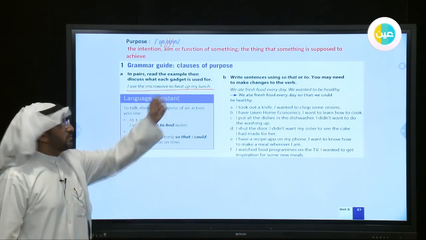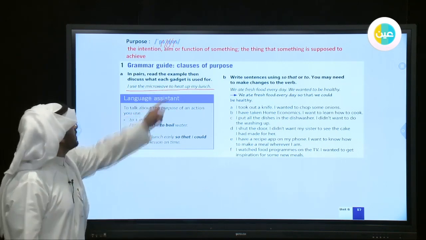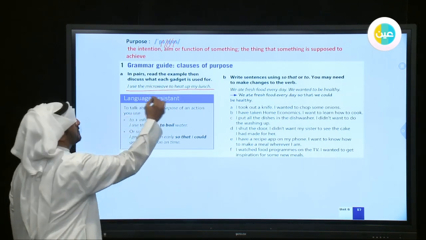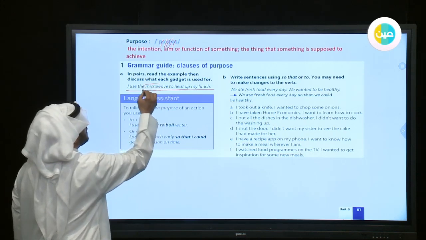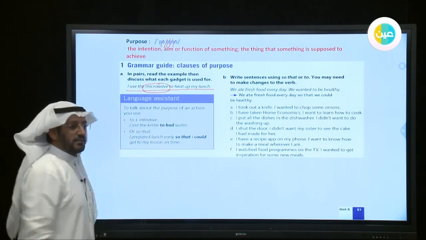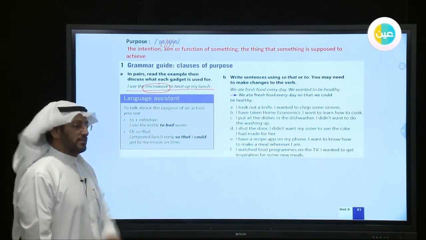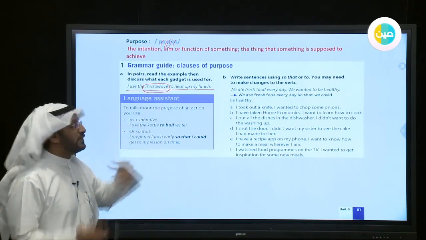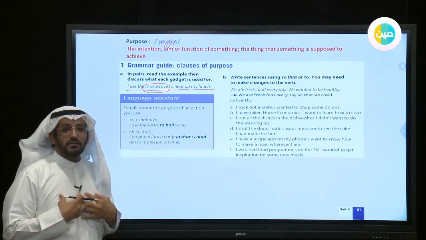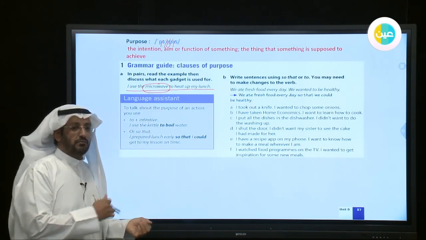Why do we use this gadget? Gadget in this sentence means this is a gadget. A microwave is a gadget. A microwave helps us to cook meals.